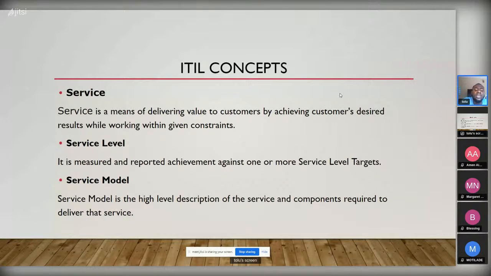Service model is the high-level description of the service and components required to deliver that service. Let's take a company, for example. Say you want to start manufacturing cars. You already have the target, you know what you want to build, and you know how you will measure yourself.